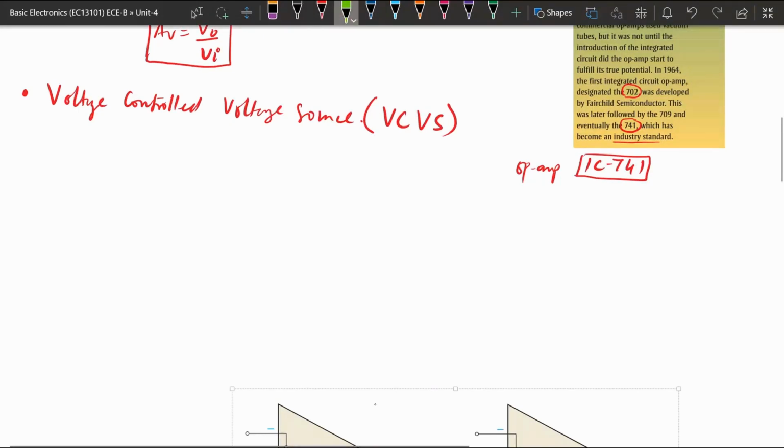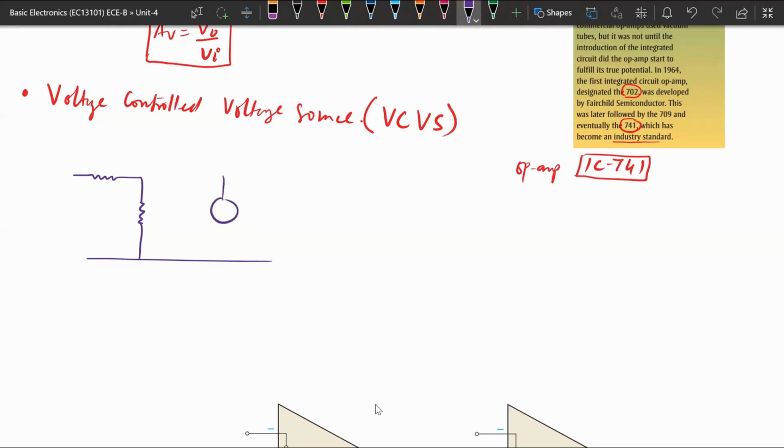Here it is a voltage device, a voltage amplifier. This operational amplifier is a voltage amplifier. So the equivalent circuit of a voltage amplifier is represented like this. We will be providing some inputs.